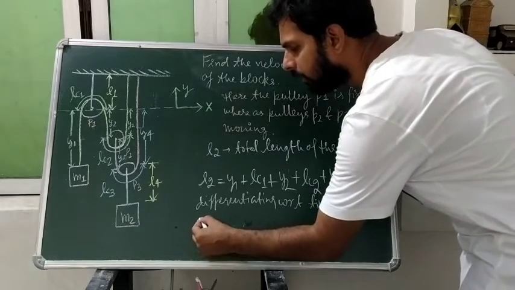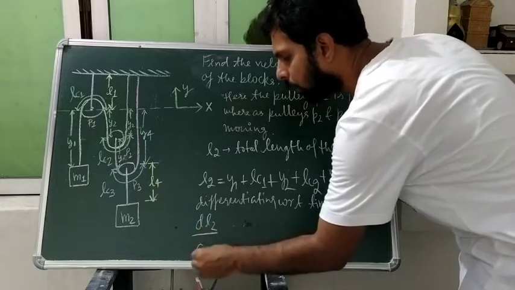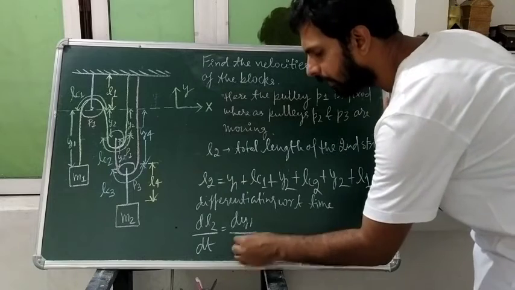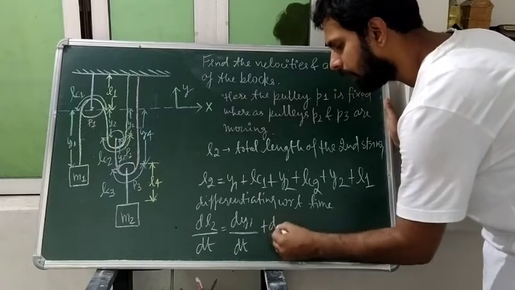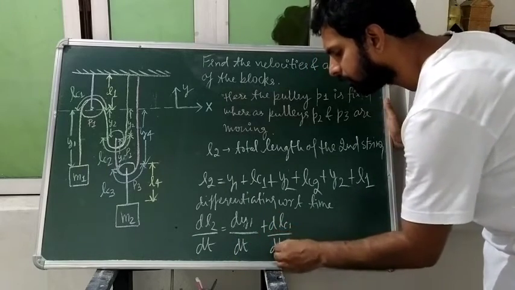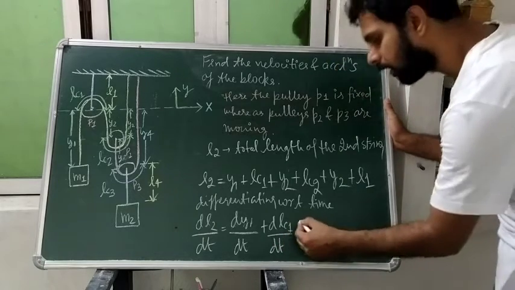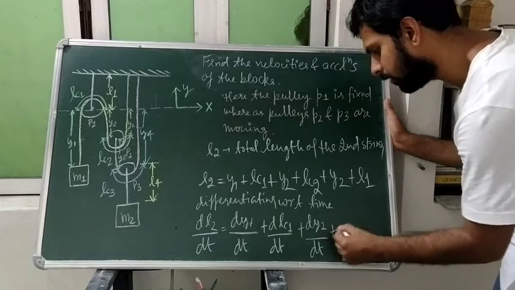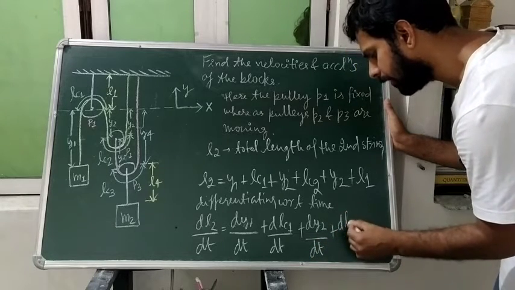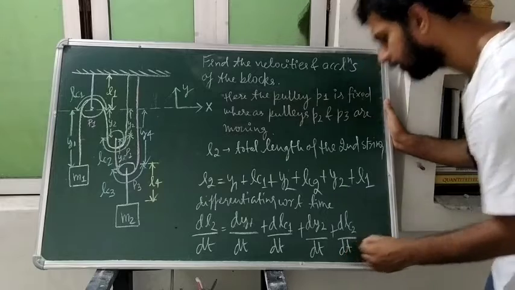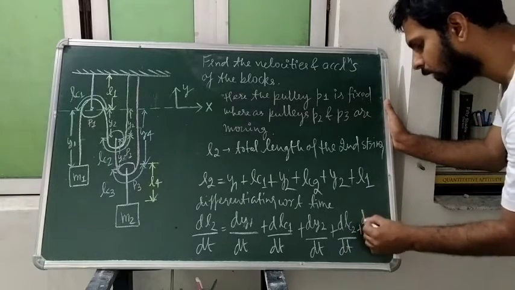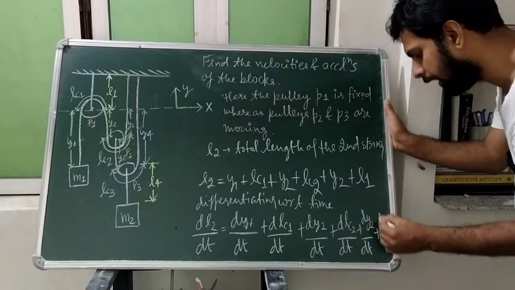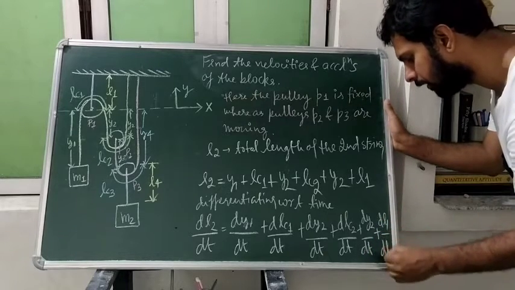So what will we get here? dL2 upon dt will be equal to dy1 upon dt plus dLC1 upon dt, plus dy2 upon dt plus dLC2 upon dt plus dy2 upon dt plus dL1 upon dt.